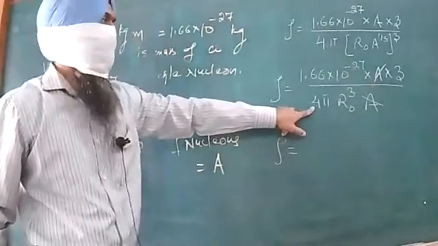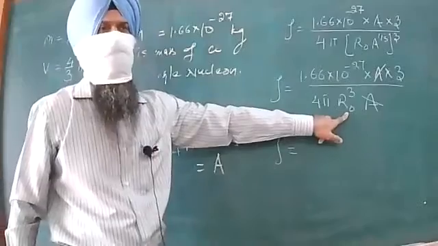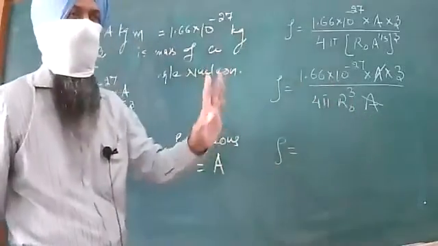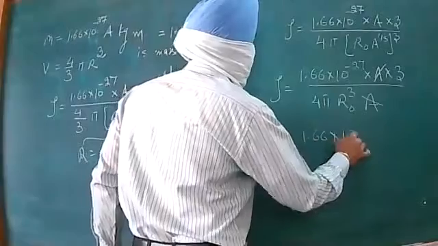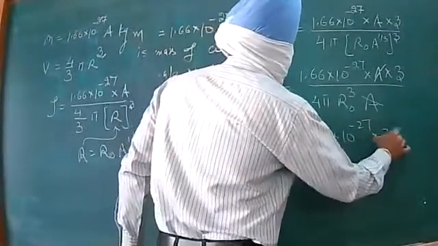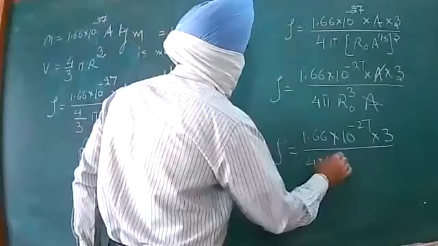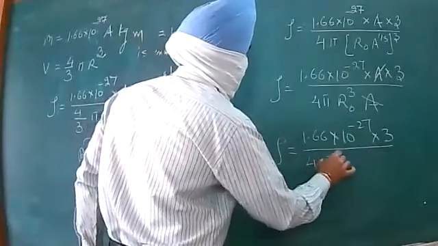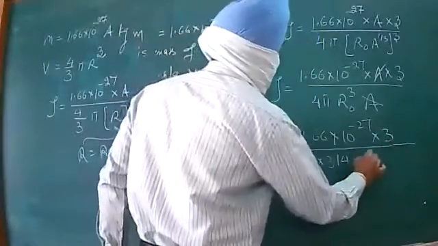In the denominator 4 is constant, π is constant, r₀ is an empirical constant, so on the right hand side we have no variable. This indicates that the density will not be different for different nuclear states or nuclei.